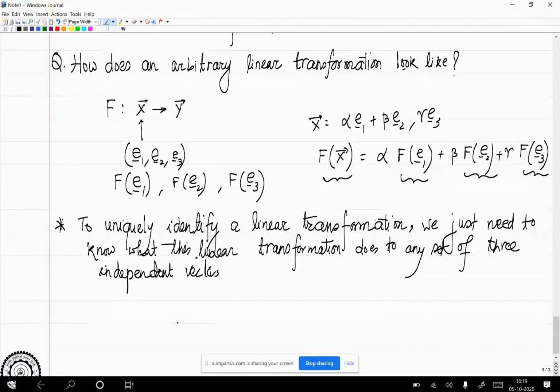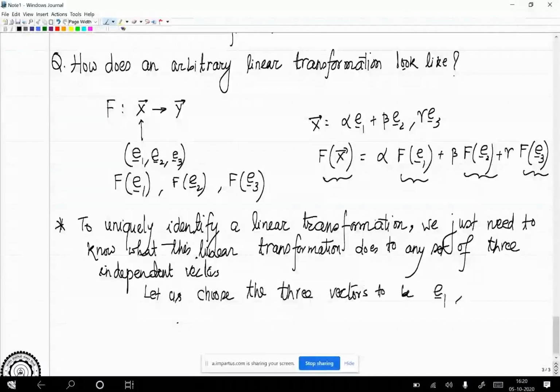Okay, so suppose if I choose those three vectors to be E1, E2, E3, so let us choose the three vectors to be E1, E2, E3.